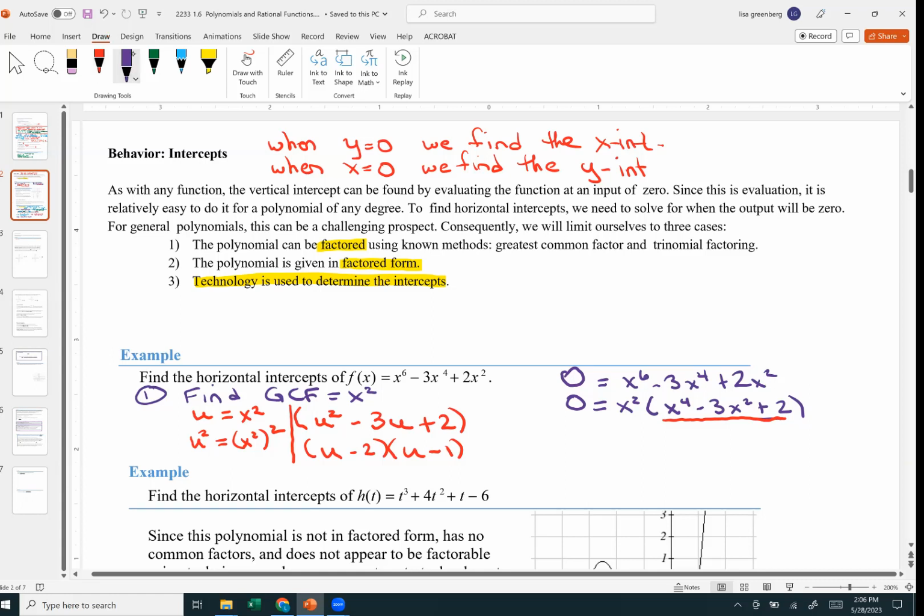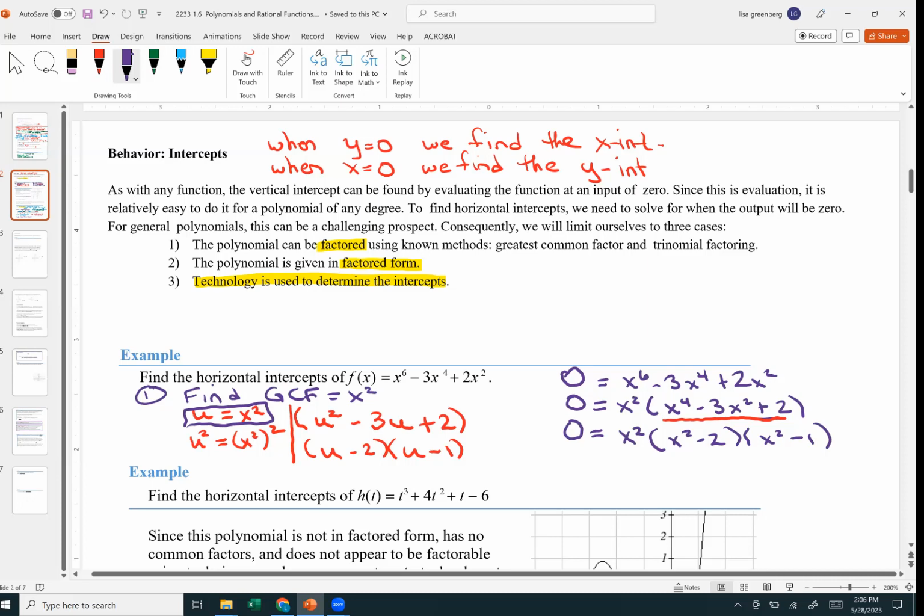So now I'm going to go back here and I'm going to say this equals x squared times, well, u is equal to x squared. So I'm going to just plug that back in and I get x squared minus 2 times x squared minus 1. And then we look, can we factor those?